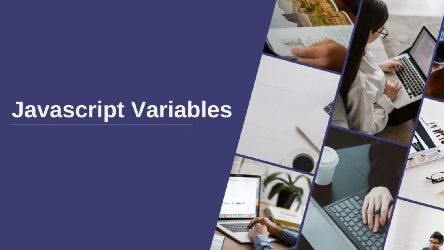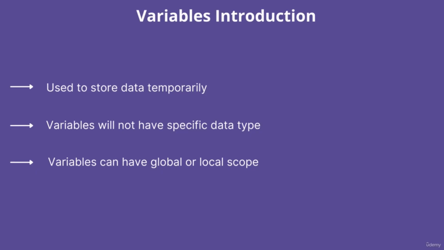In this video of JavaScript, we will begin with variables. In programming, and even in JavaScript scripting, variables are something which can store a single value at a time temporarily. Temporarily means the value can be changed later during execution if required.